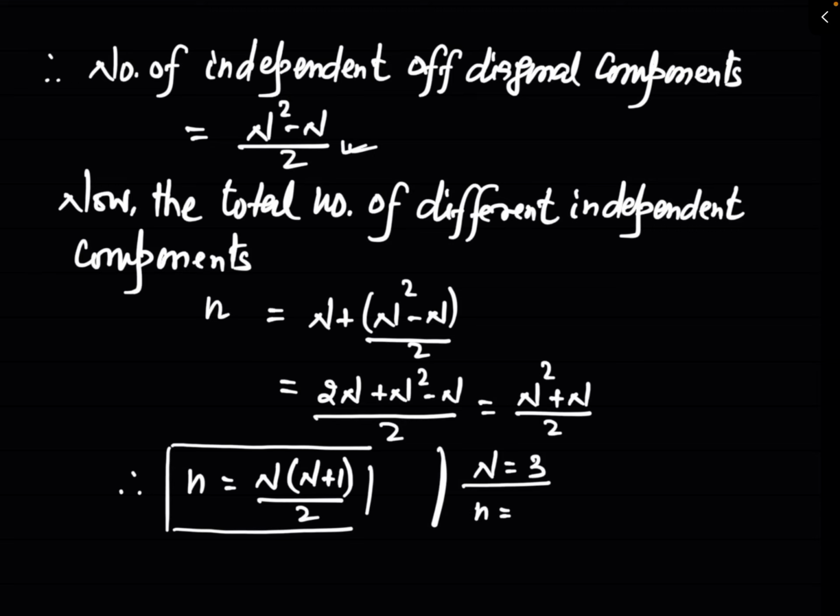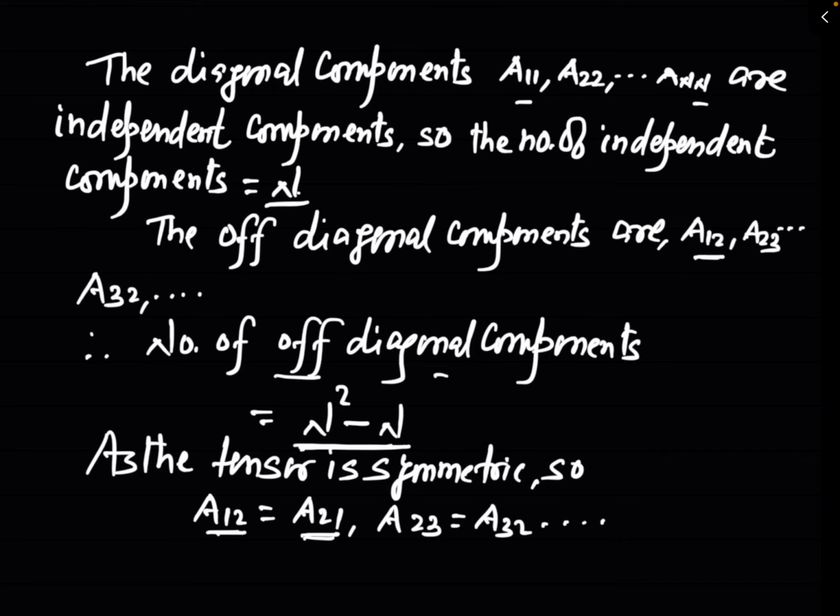Here we will replace this capital N by 3. So this will be 3 into 3 plus 1 over 2, and what will be this? This will be 6. So the total number of independent and different components of a second order symmetric tensor in three-dimensional space is equal to 6.